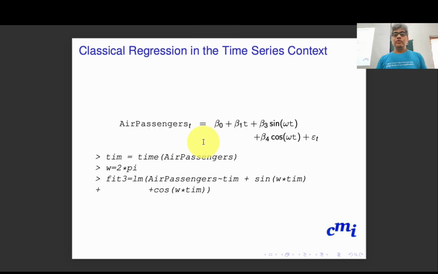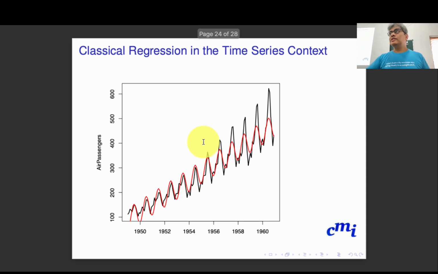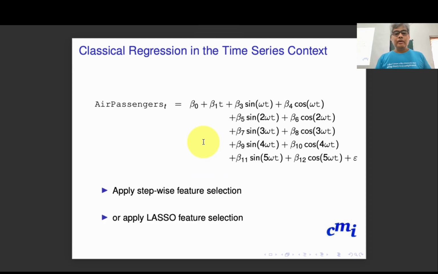And then if you put in beta 1, beta 2, sine omega t, cos omega t, and more and more terms, it starts mimicking the periodicity, and you can keep doing it as much as you want, and eventually you may end up with a very overfitted model. So certainly you want to avoid that.